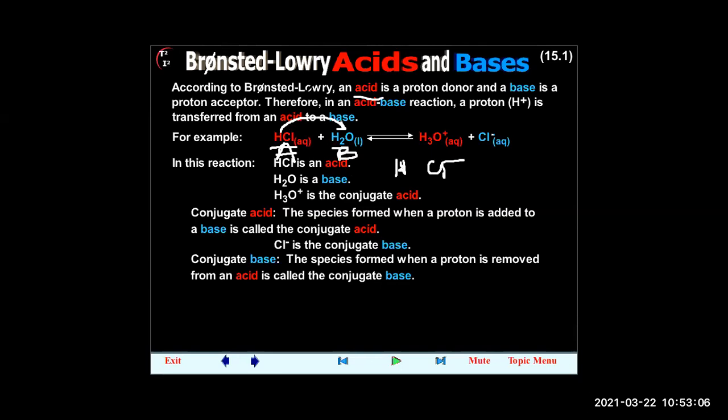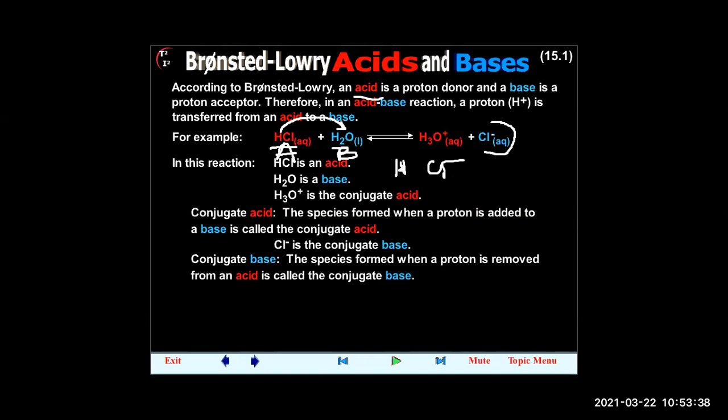So according to the Bronsted-Lowry definition of acid and base, an acid is a proton donor, a base is a proton acceptor. So HCl here is an acid because it donates a proton. H2O here is a base because it accepts a proton. Now, what is left behind when that happens is what you call the conjugate base.